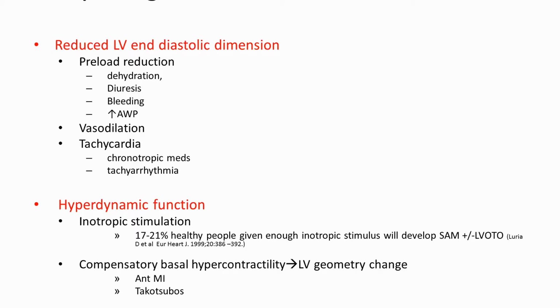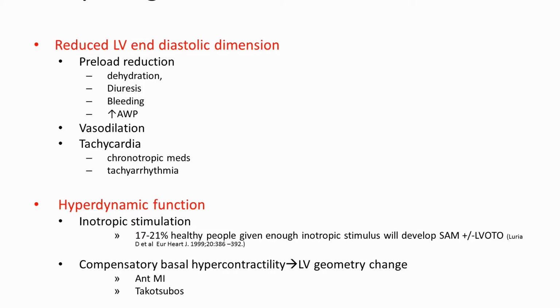And the second physiological substrate is when the ventricle is hyperdynamic, and that is either induced by us by giving lots of stimulatory medication, beta agonists, etc. And if you give people enough stimulus, up to one in five people will actually develop SAM and LVOT obstruction.